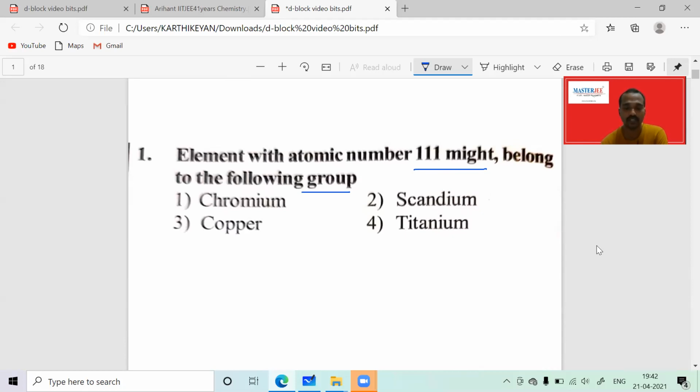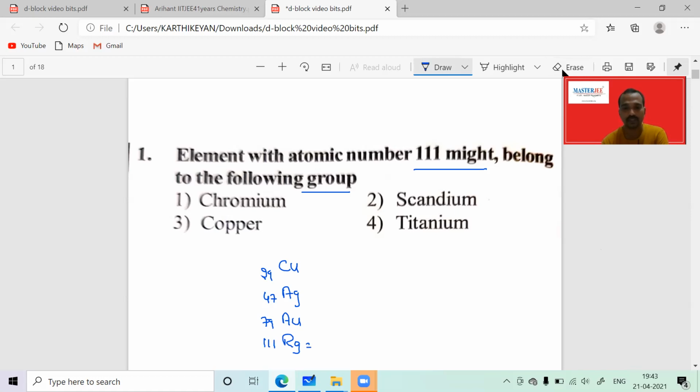For example, copper is 29, silver is 47, gold is 79, and this one is 111, roentgenium.